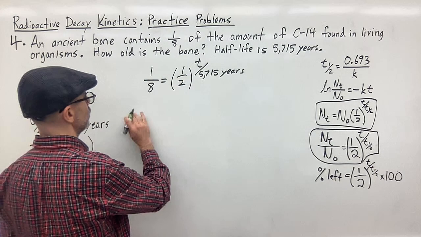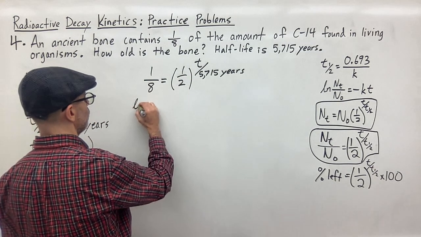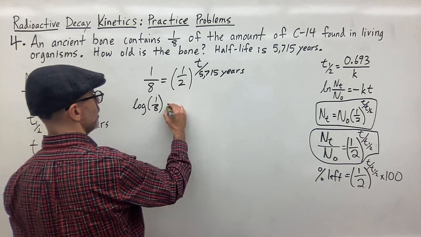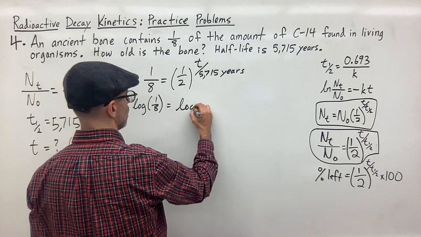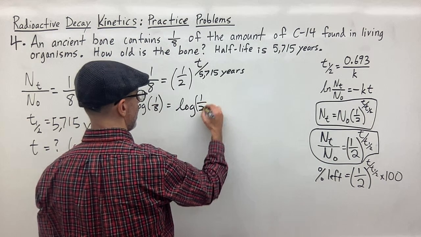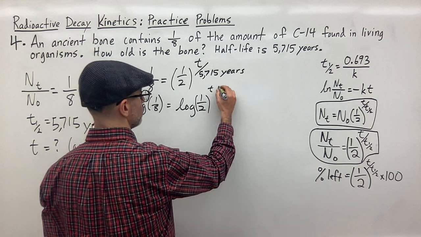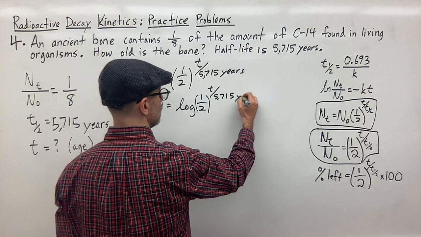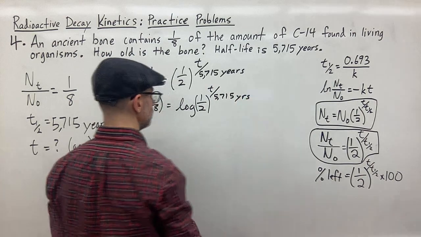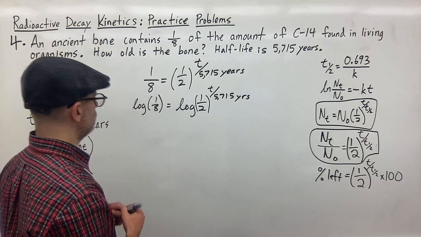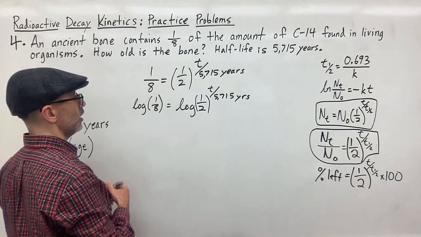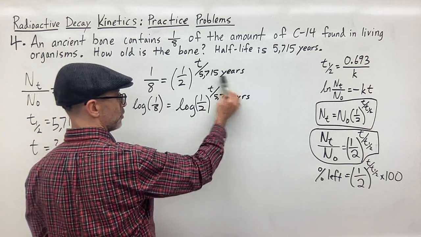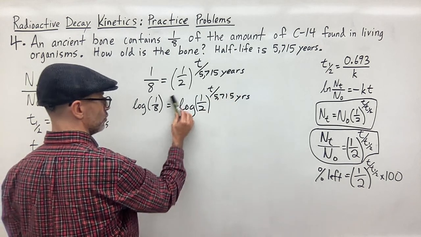The first thing I want to do is take the log of both sides. I'm going to take the log of 1/8, and I'm going to take the log of 1/2 raised to the power of t over 5,715 years. Now I can use the fact that if I have a log of something raised to a power, I can bring that power down to the front.